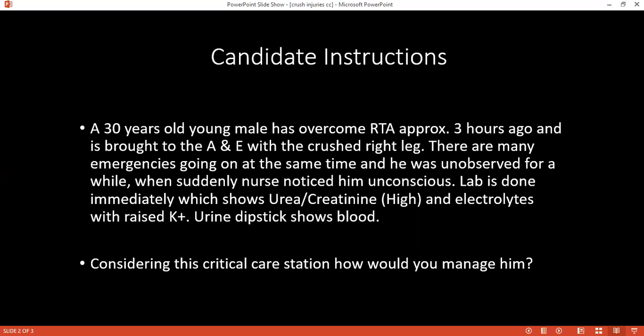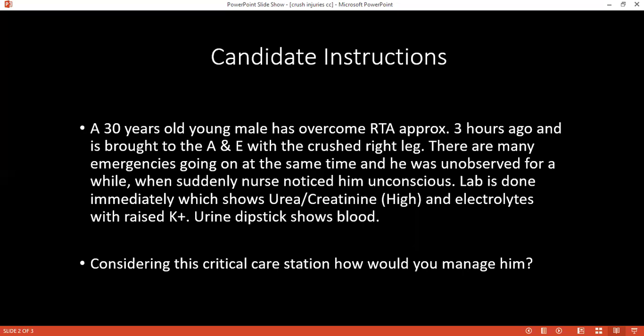Good. And then maybe we can admit the patient to ITU, and we can think about dialysis if the renal function deteriorates or is non-responsive to your management. Okay, if you have to rule out compartment syndrome, what are the 5 P's that you'll consider?